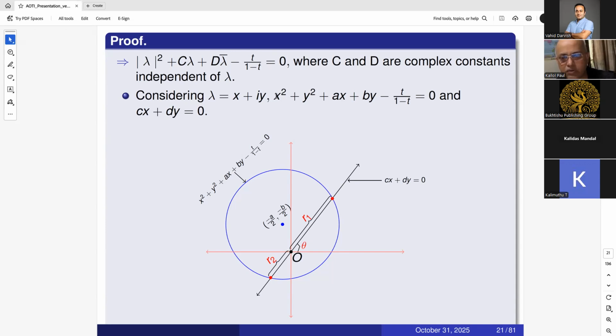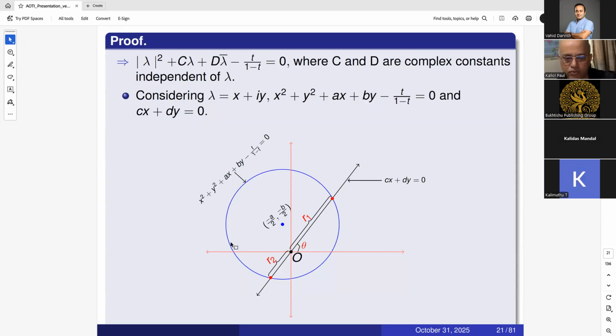The first equation is the equation of a circle. Since the constant term, minus t by (1 minus t), is negative, it shows that the circle contains the origin. When I put x equal to 0, y equal to 0, this is negative. So from very elementary coordinate geometry, the circle contains the origin.